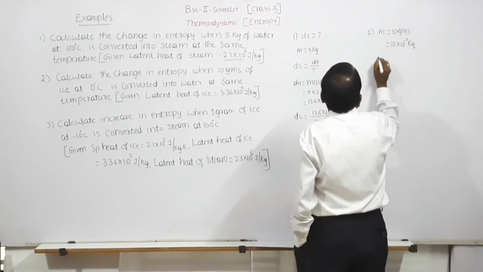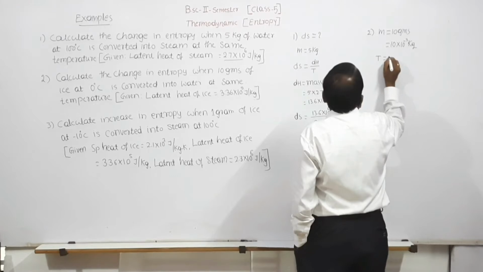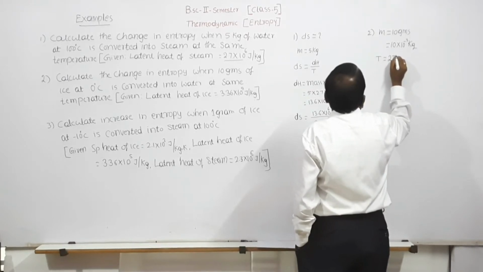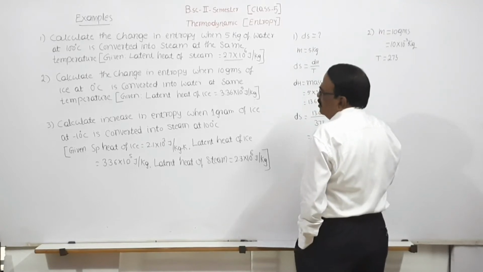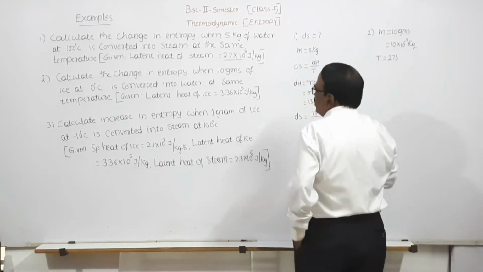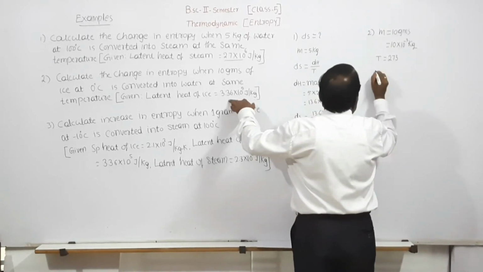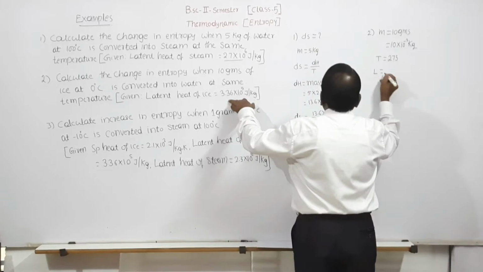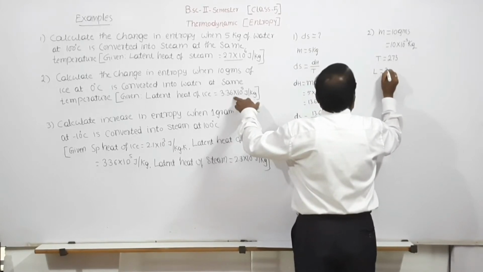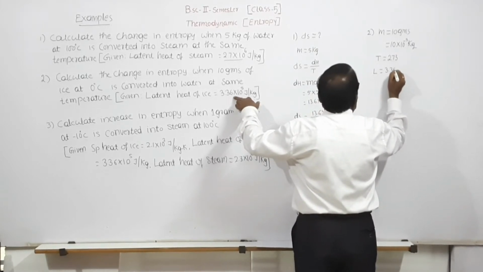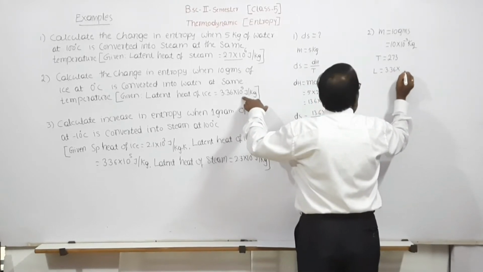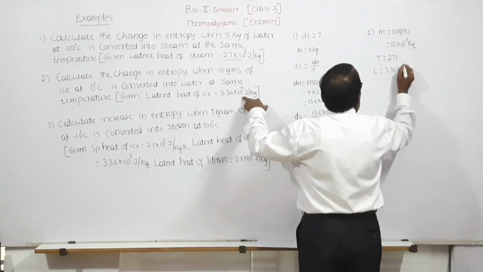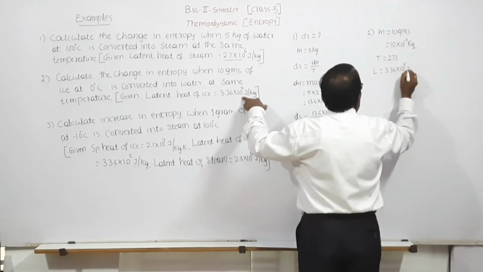At 0 degree centigrade, T is 273 Kelvin. Converted into water at same temperature, given latent heat, so your L here is 3.36 into 10 raised to 5 joules per kg, the latent heat of ice.